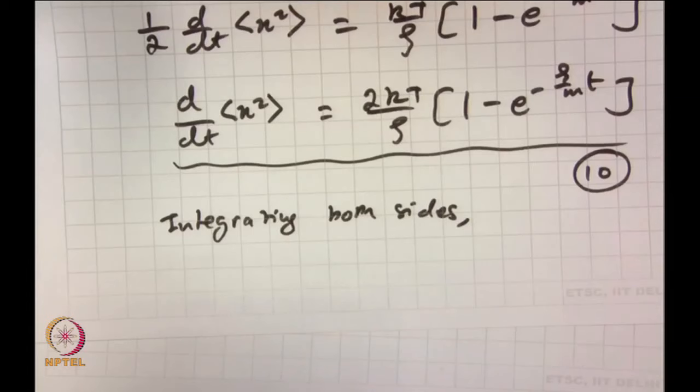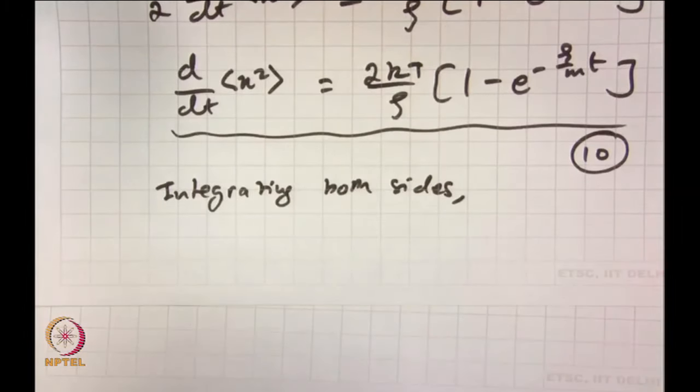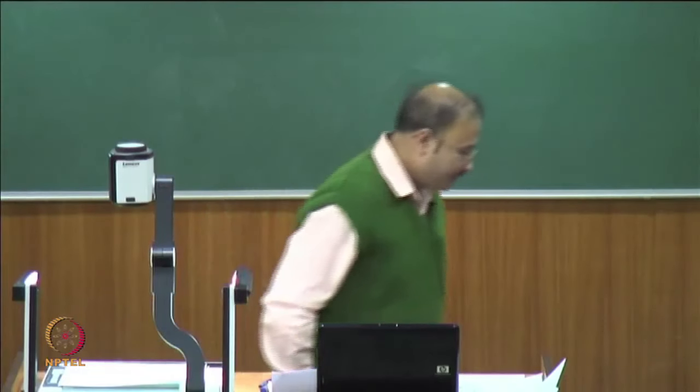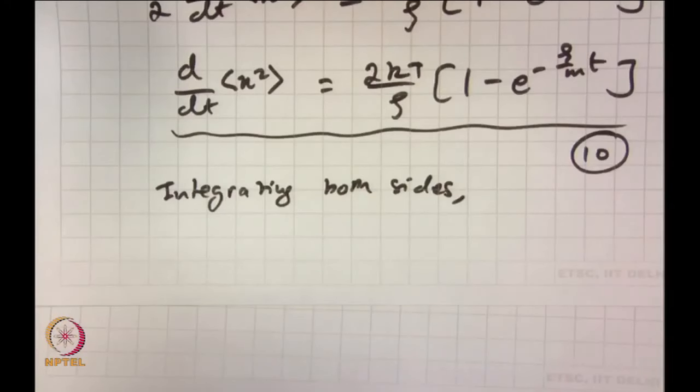What happens at the very long time interval and also at a short time interval, that is what we will look at. What will happen to x squared? That means at t equal to 0, what should I take x to be? I can take x to be 0, right, that is what we started with. Then at the other limit I can take x to be equal to x.